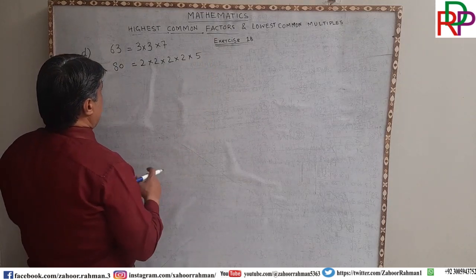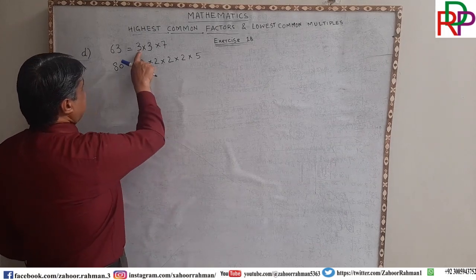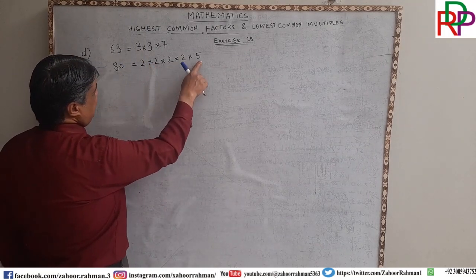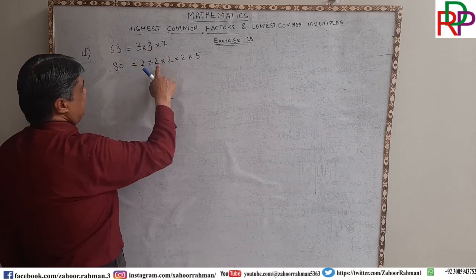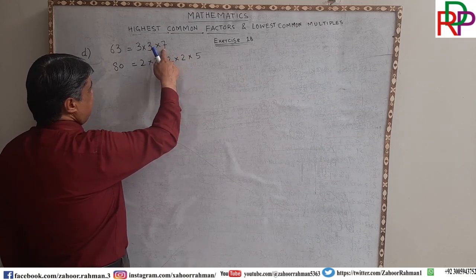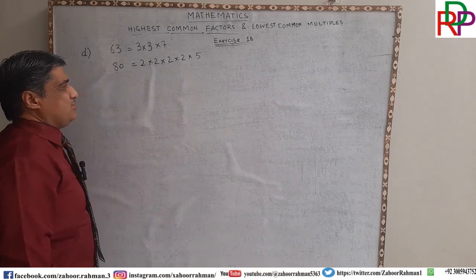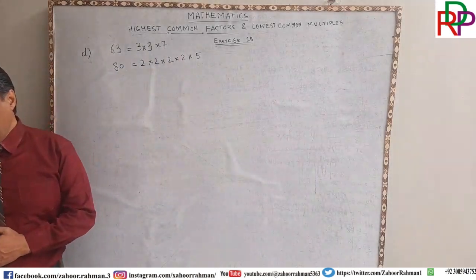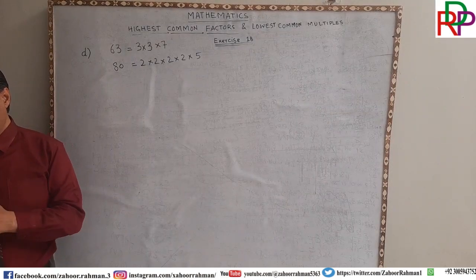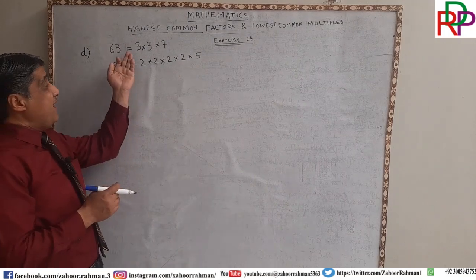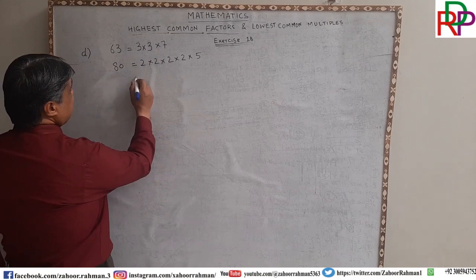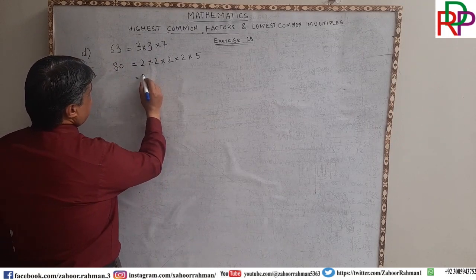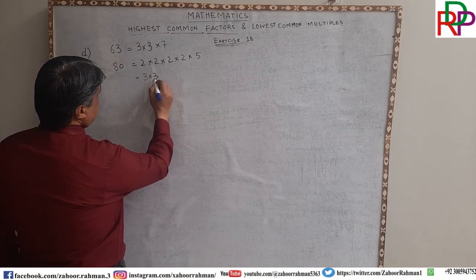Now, there is 3 here, but there is no 3 there. There is 7 here, but there is no 7 there. So you have to write all the values, as there is no common. So you have to take all the values.